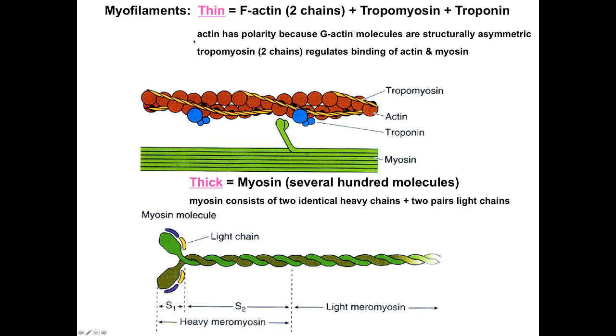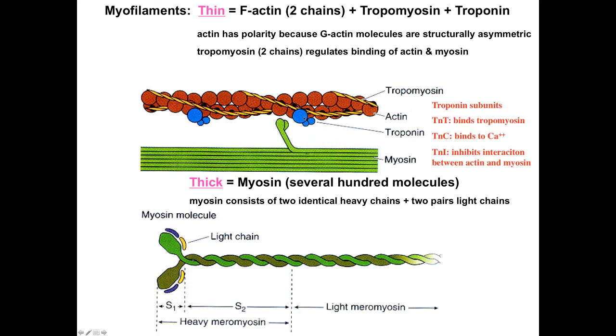There are two chains of tropomyosin that are wrapped around each other that wrap around the actin filaments. And the tropomyosin regulates the binding of actin and myosin. And you may recall that in addition to the tropomyosin and actin, there are troponin molecules that make up part of the thin filament.